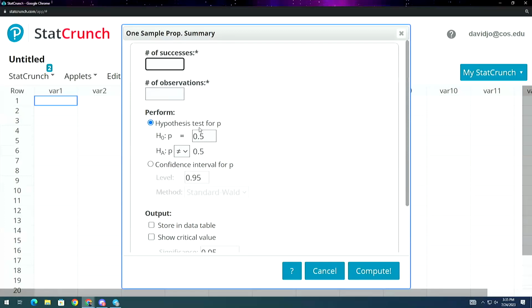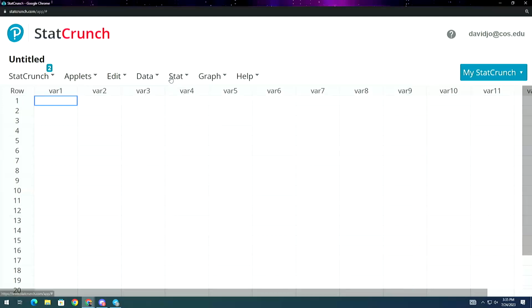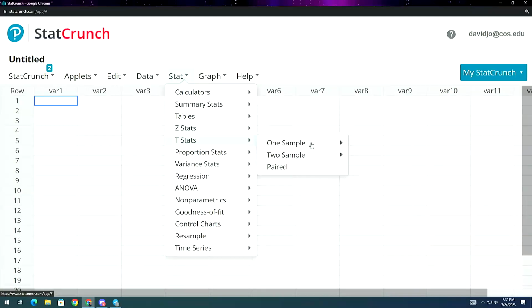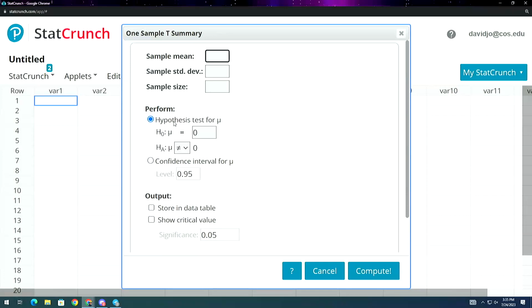Notice how one of these says hypothesis test, and we were changing the confidence interval. Chapter 10 is on doing hypothesis tests. It's going to be the exact same menu: stats, proportion, or stats, T-stats. They both lead to the same kind of thing, hypothesis test or confidence interval. So it's going to be very similar in what we're doing computer-wise.